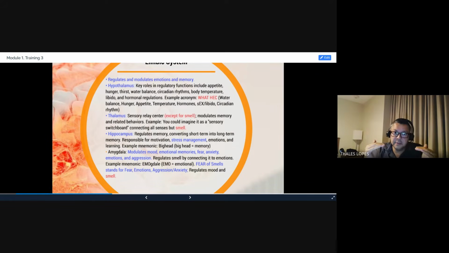Under the thalamus, we have the hypothalamus, which I like to refer to as what the heck, meaning that it is the regulation of appetite, thirst, hunger, water, circadian rhythm, right? Your sleep, your body temperature, your libido, and hormone regulation. So the W is for water, for what the heck, right?